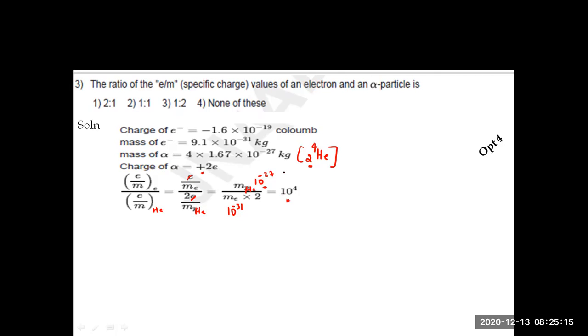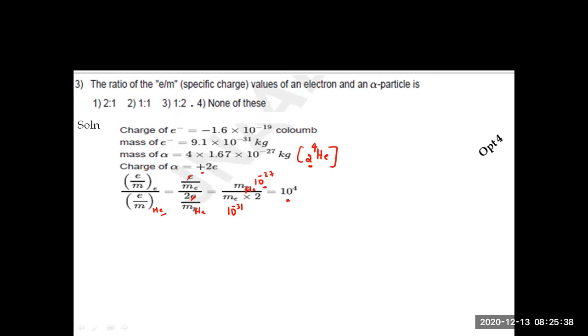Why approximately? Because none of the answers match here. So though Skanda has given an explanation something different, the answer was correct. Okay. So the charge to mass ratio of electron to the charge to mass ratio of helium doesn't match in the ratio given. So it will be of the order of 10 raised to 4 is to 1.